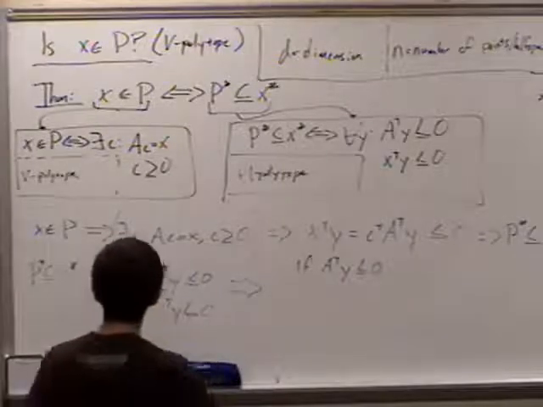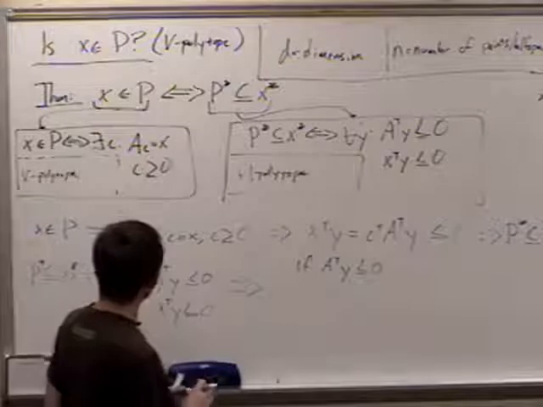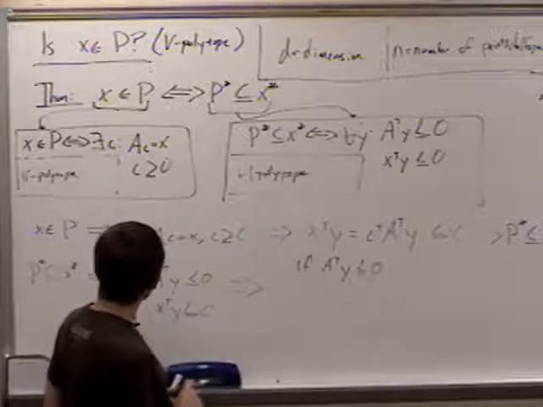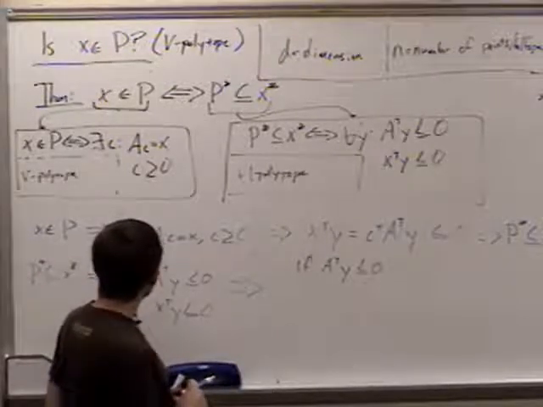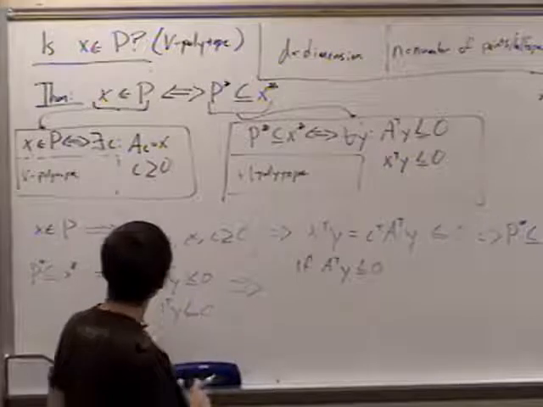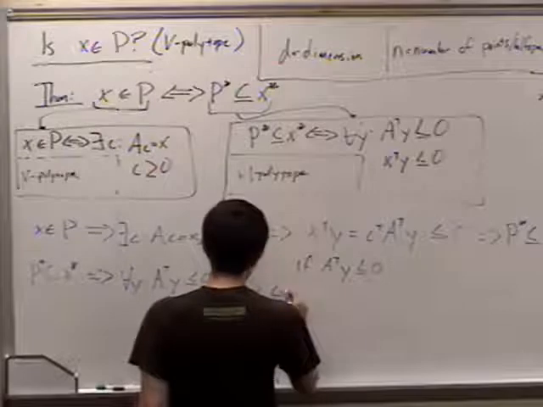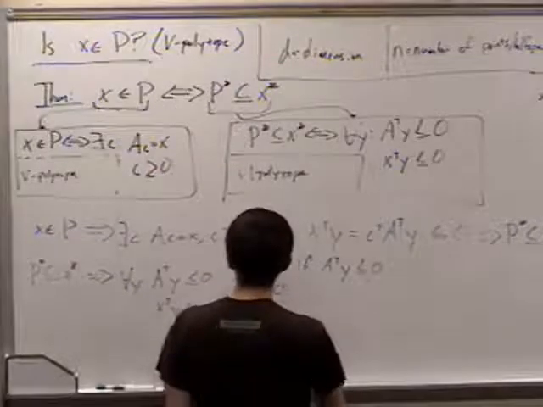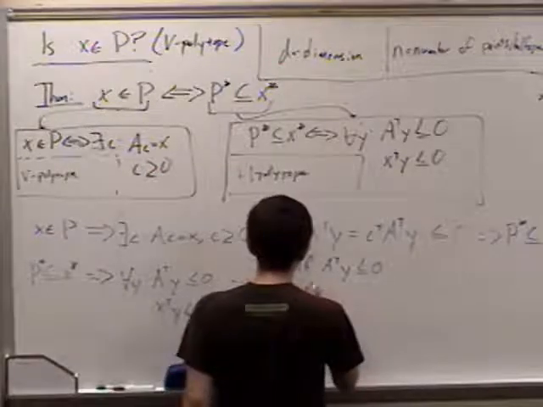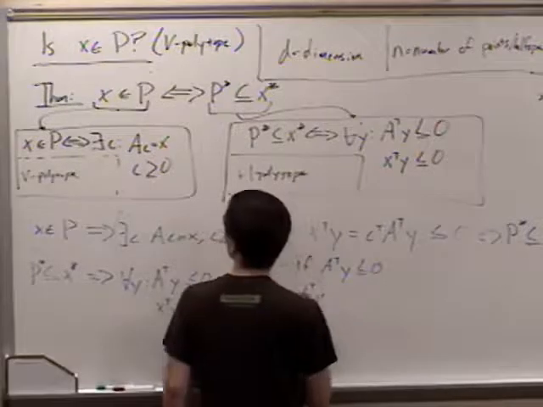What's the right way to do this? Here's what we're going to do. We're going to guess that C is equal to negative A transpose y.